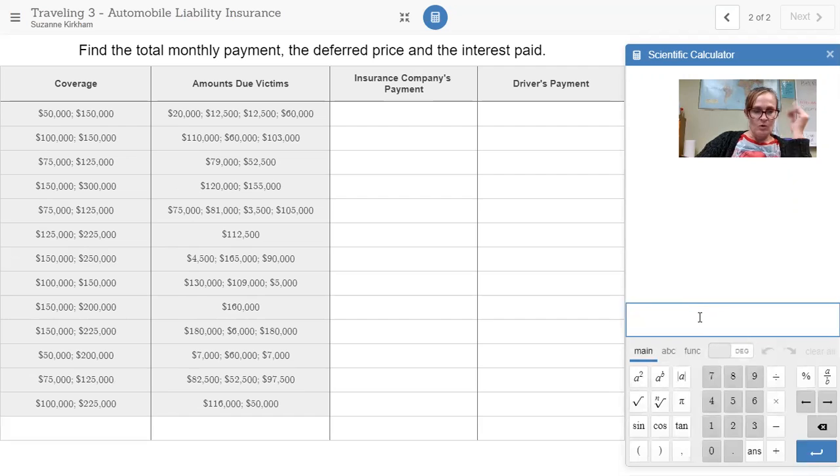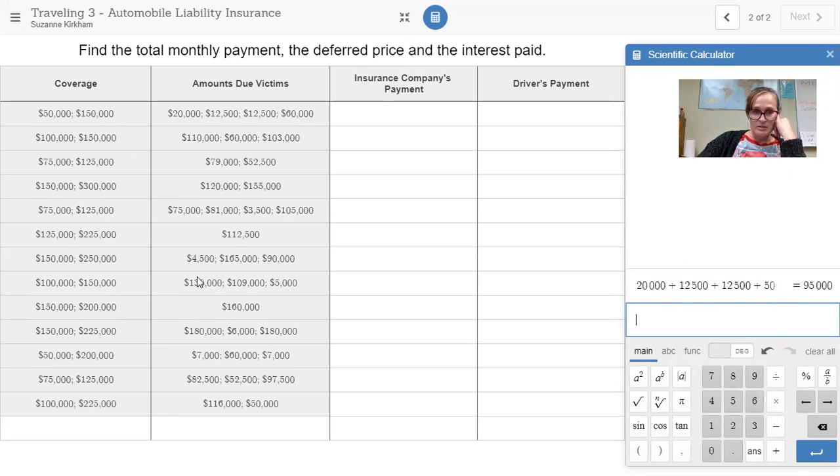All right, so what we're going to do now is take each of those amounts: 20,000, plus 12,500, plus 12,500, plus it says 60,000, but it will only cover up to 50,000 per person. So plus 50,000.